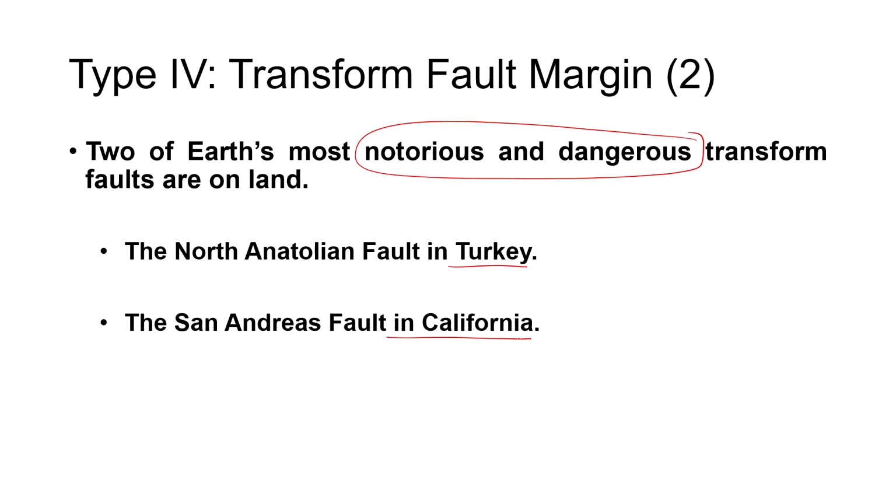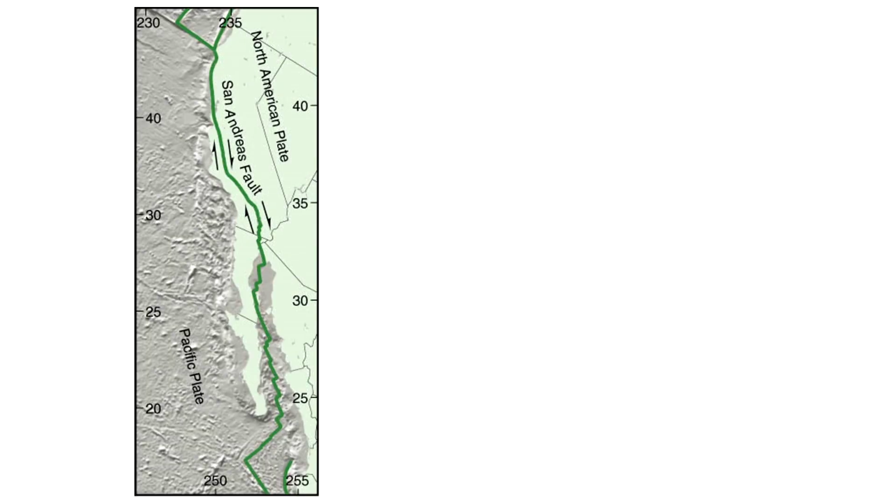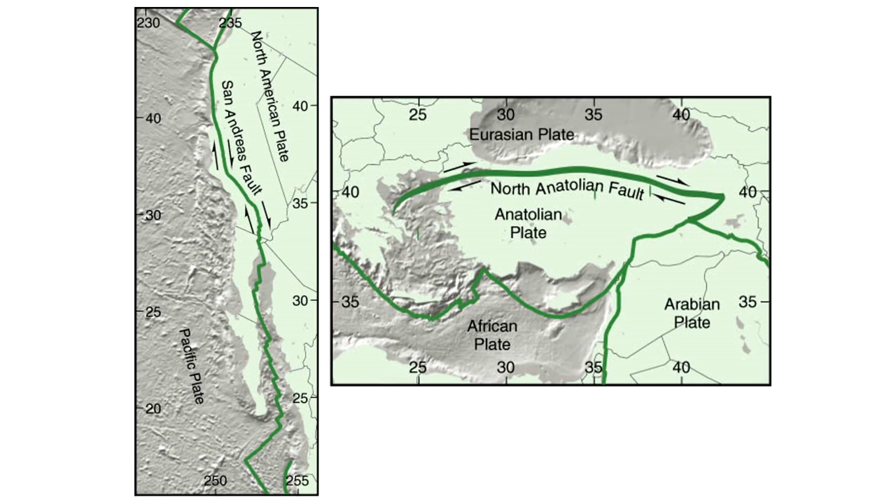So this is in the US, the San Andreas fault system, and Turkey also recently proved that they are the most dangerous faults on this planet. Okay, that is the North Anatolian fault. We had a recent earthquake a couple of years back on this also. So this is the San Andreas fault system and the Northern Anatolian fault system.